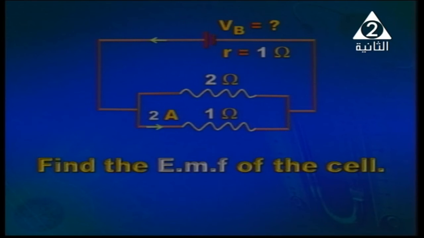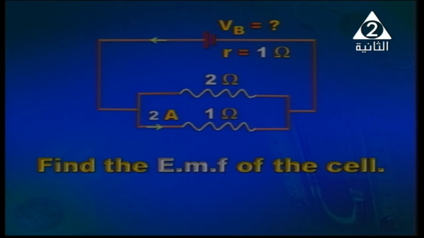We've got two resistors connected in parallel, so the potential difference across them is constant, it's the same. The potential difference across the 1 ohm resistor can be calculated. It's easy. We know the resistance is 1 ohm and the current through it is 2 amperes, so the voltage across the 1 ohm resistor is 2 volts.